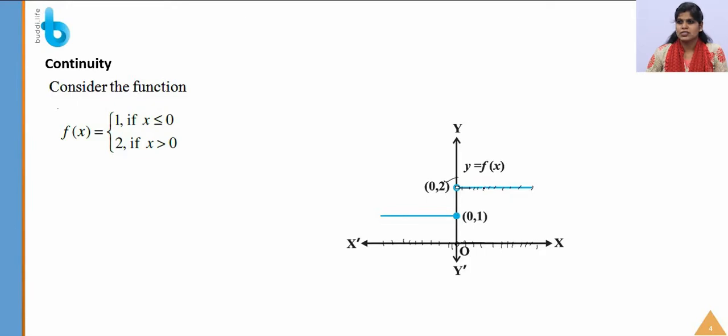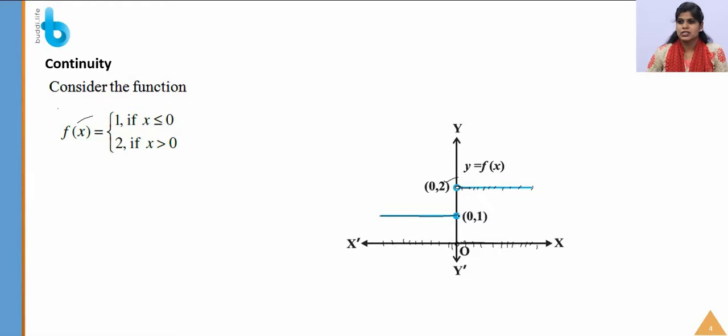That is, for this part of the function, 0 is not included. So while drawing the graph, we cannot draw this without lifting our hand. Therefore, it is not continuous. F of x is not a continuous function.